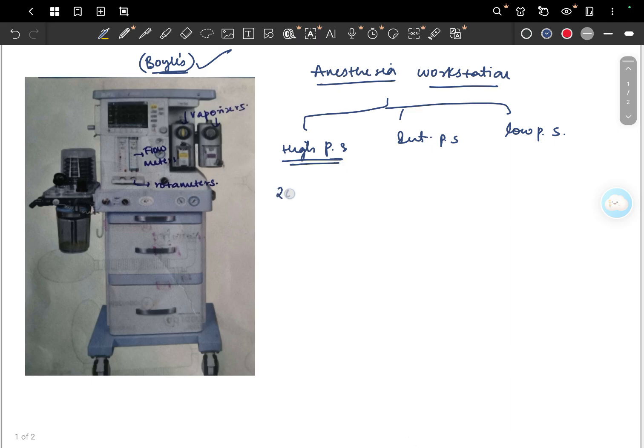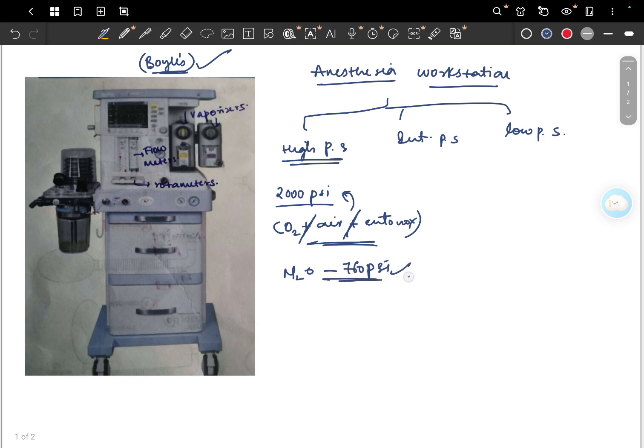Now coming to high pressure system. Usually pressure is 2000 psi for O2 and air and Entonox. Any of these, it's not 'and', actually it is 'or'. So any of these it is 2000, and for individual N2O it is 760 psi. Just note it down.